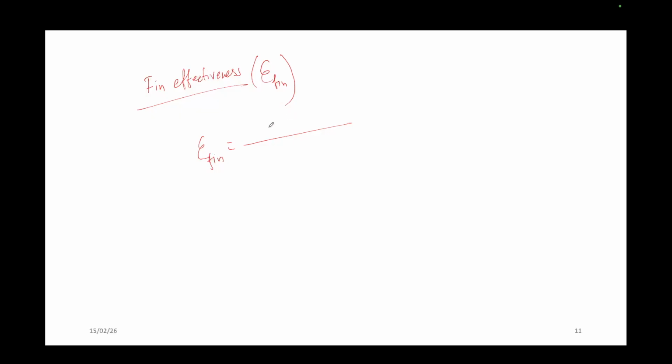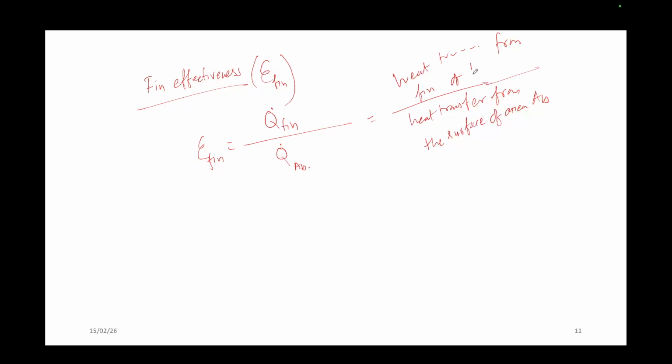This is the heat transfer rate from the fin, Q fin, from the base area, divided by the heat transfer from the surface of area AB, that is, the base area of the fin.